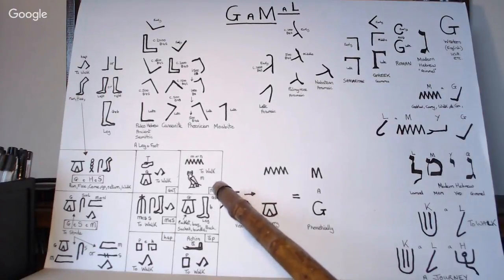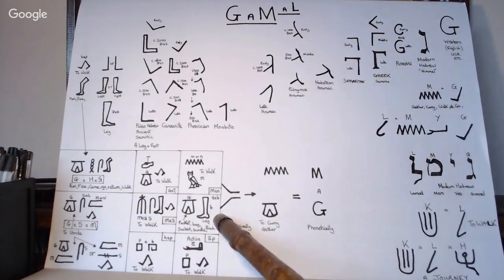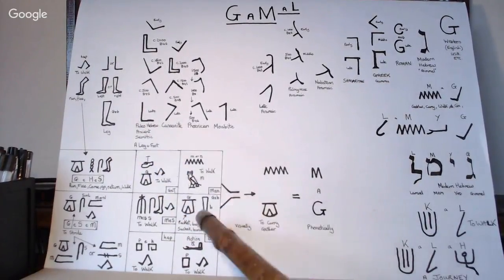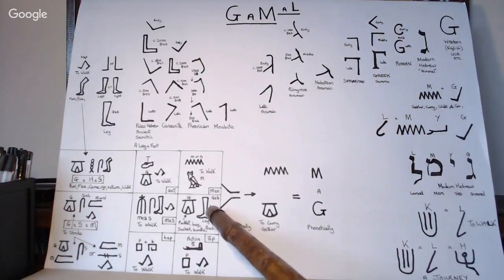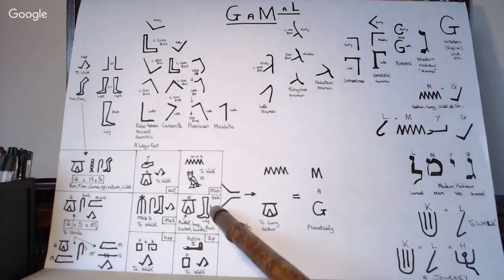Then we have here a breakdown of geb, which remember was the name for the leg. So you have the symbol again for the leg, which gives us the B sound, because in the Egyptian language, it was a B. It had a phonetic sound and it had a visual meaning as well.